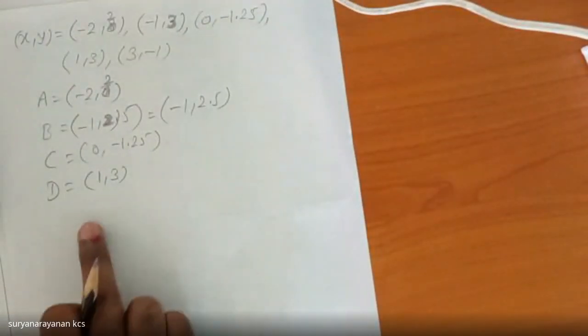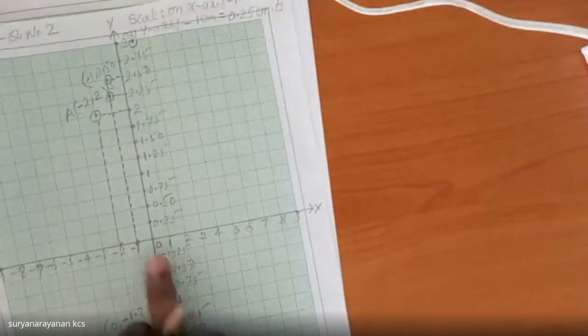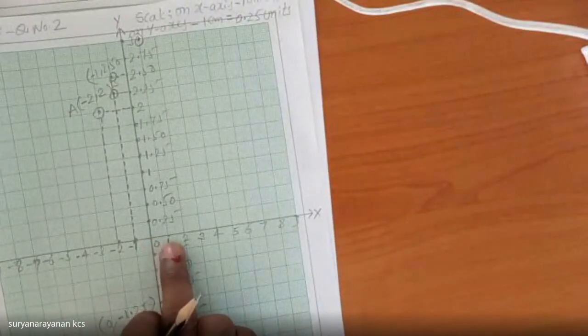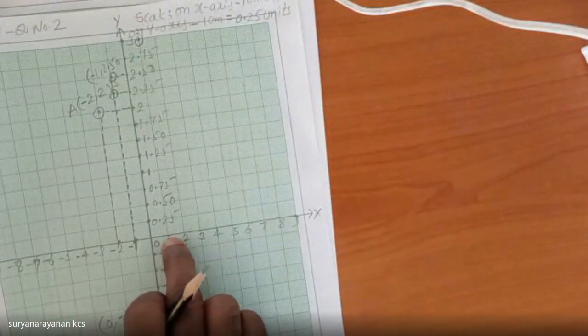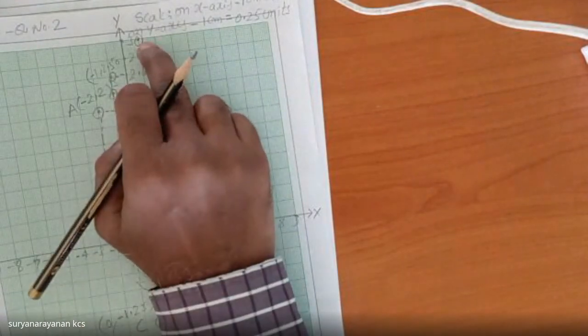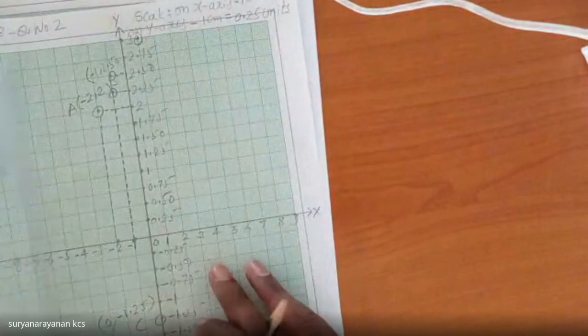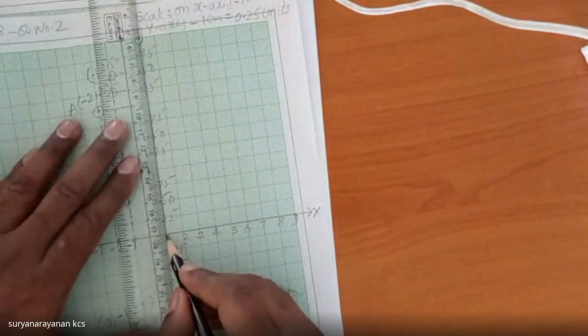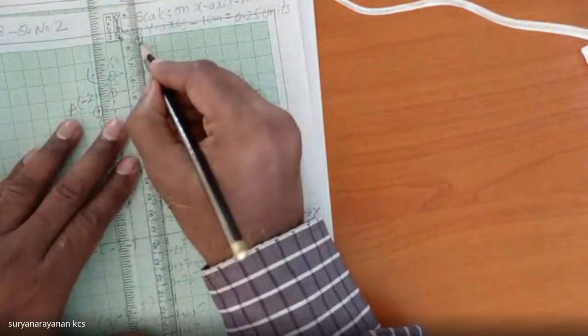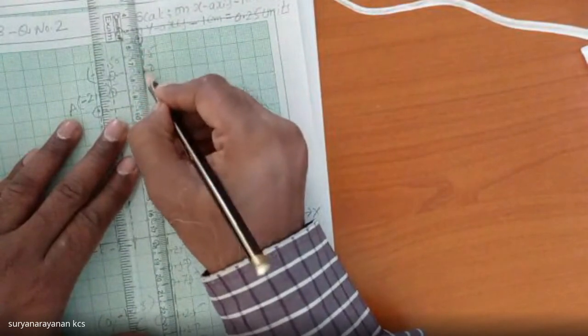Here I'm taking graph sheet, so I'm writing on back side. Okay, ma'am. So here on x-axis, we have to take 1 unit and we have to move 3 units towards up because 3 is positive. So mark that point and join by dotted line like this.